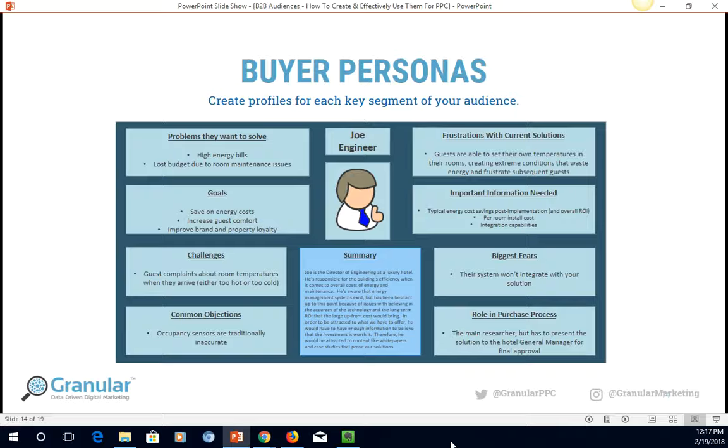I've outlined the characteristics here, and it's allowed me to create a summary story in the middle that really outlines what this person is like, what makes them tick, etc. Makes it really easy to then come up with ad copy and content that is really going to resonate with this audience, so that I can match those up. And when I show that ad to that person, it's really going to resonate with them.